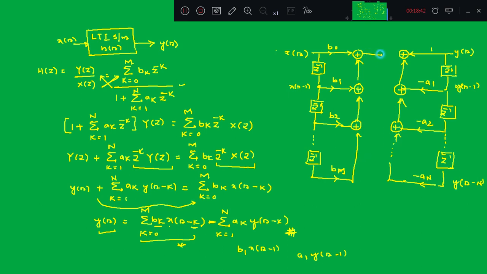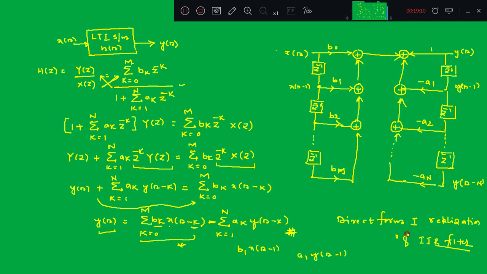And both are connected. So this is the direct form 1 realization of IIR filter, right? So hope this concept is clear.